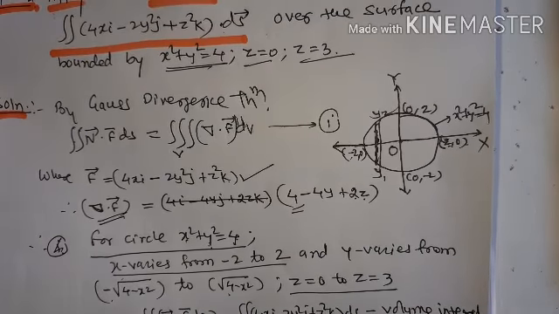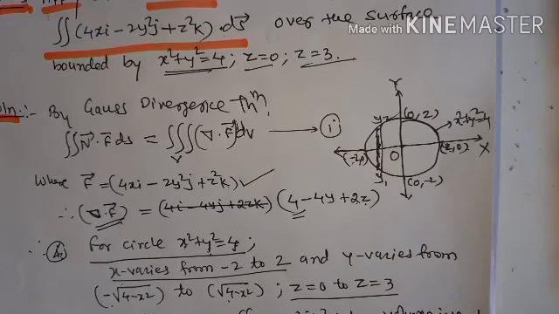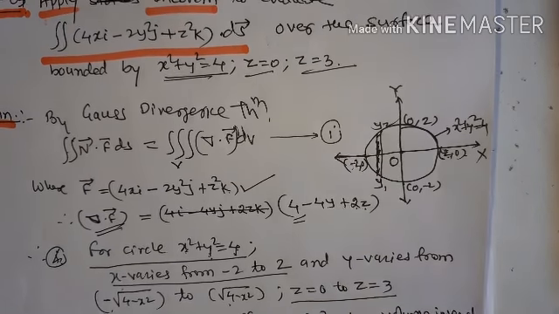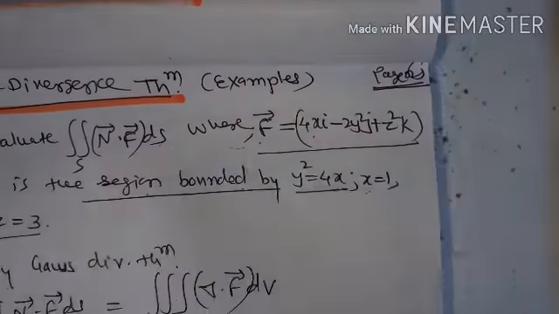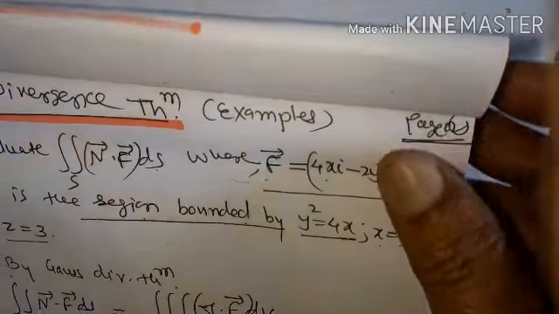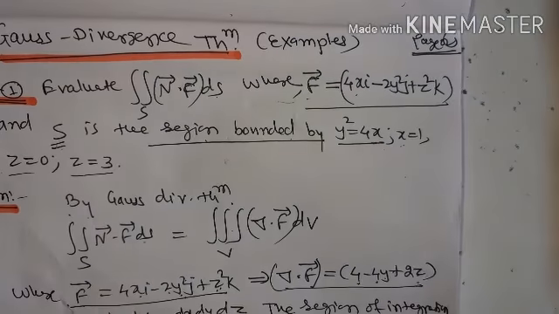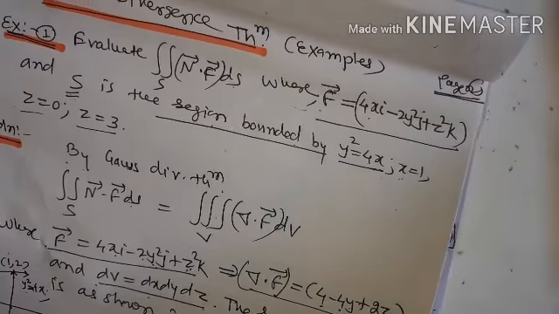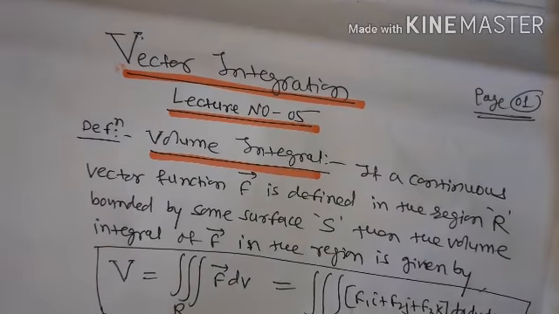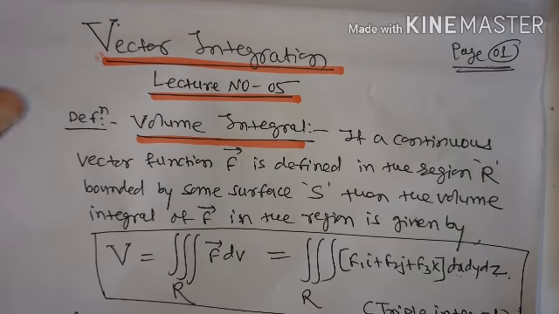So today what we have completed, I will repeat once again. First we have defined the volume integral, and then we have stated what the Gauss divergence theorem is. So, a quick revision of what we have completed as lecture number 5.